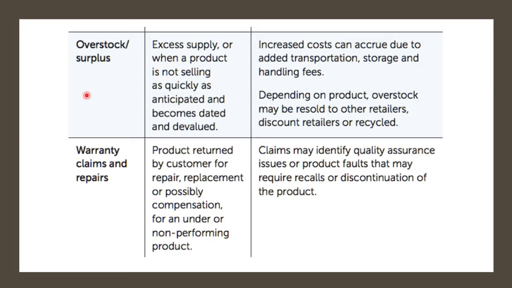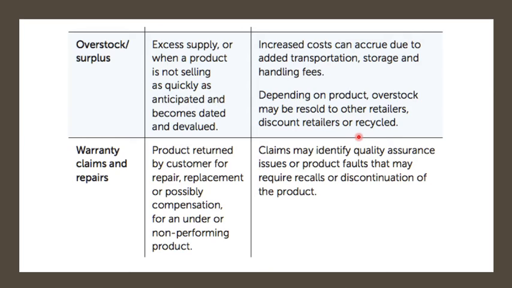Increased cost can occur due to added transportation, storage, and handling fees. Depending on the product, overstock may be sold to other retailers, discount retail, or recycled. It's the impact of what they can do, or what use they can make of their overstock or surplus.